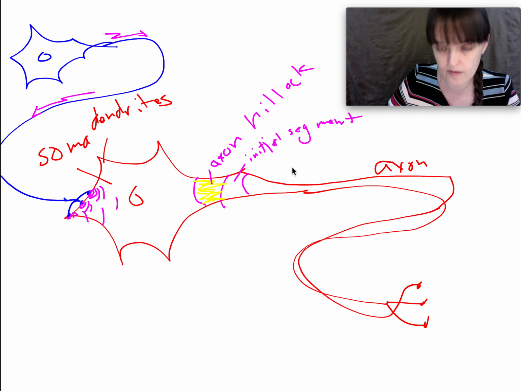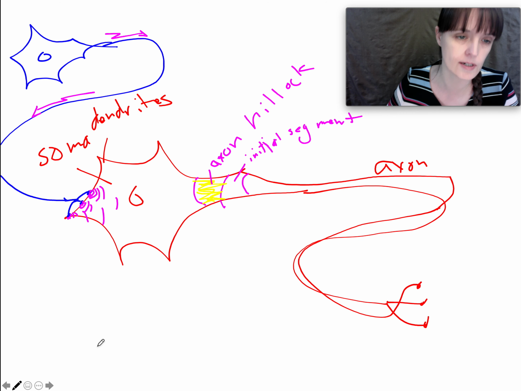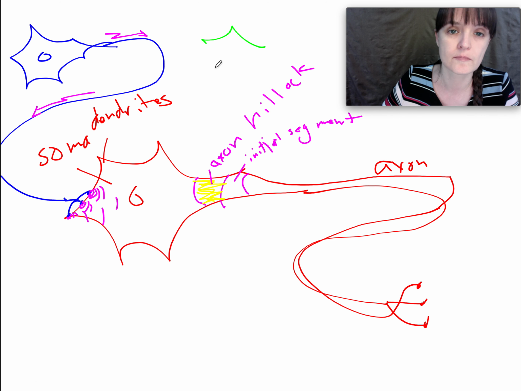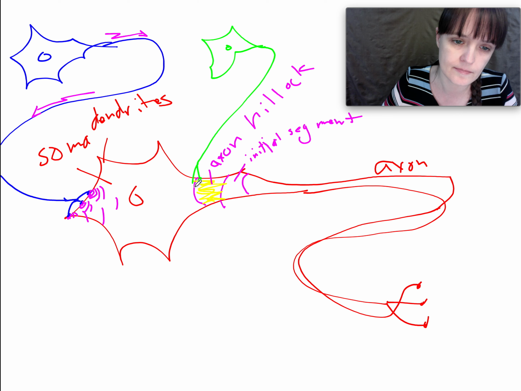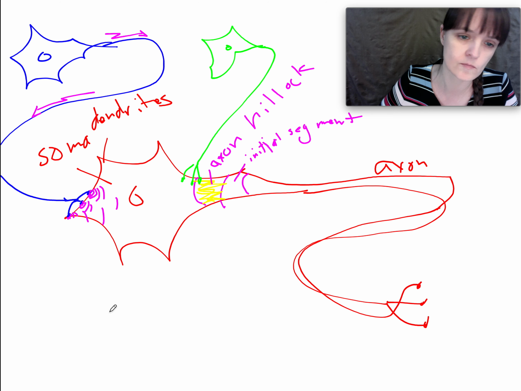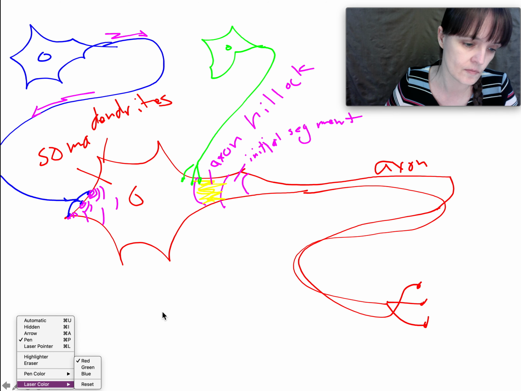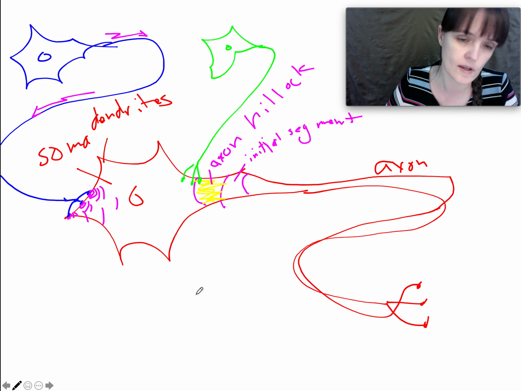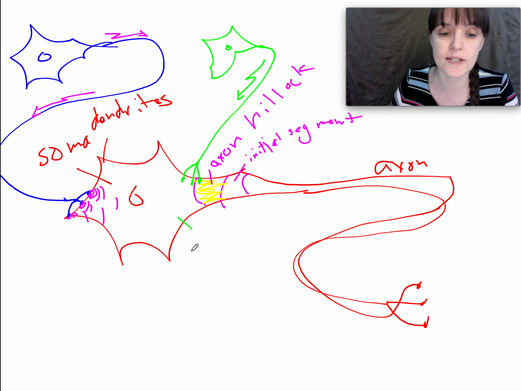So let's make a green neuron. That was terrible. We'll go with this. Say the green neuron is able to bring the axon hillock from resting, what's resting?